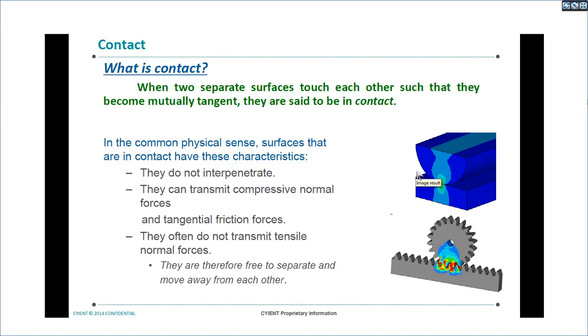When they are moving towards each other like this, compressive forces will be generated. Okay. So when they move away from each other, they won't. It will generate compressive force.